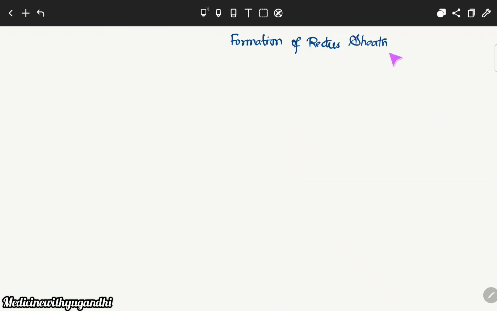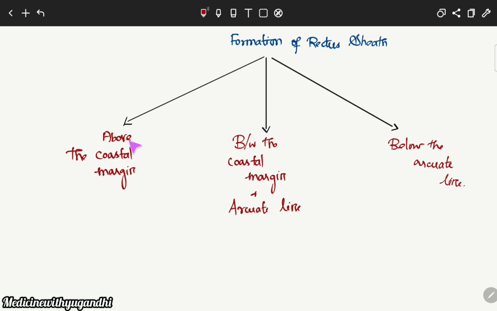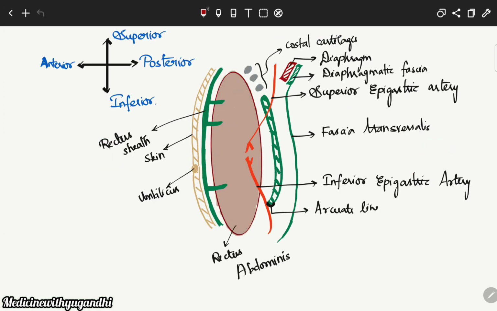Next, coming to the formation of the rectus sheath. This could be divided into three parts: one is above the costal margin, then between the costal margin and the arcuate line, then below the arcuate line. Please do remember that I am mentioning both the formation of the anterior as well as the posterior wall, right?